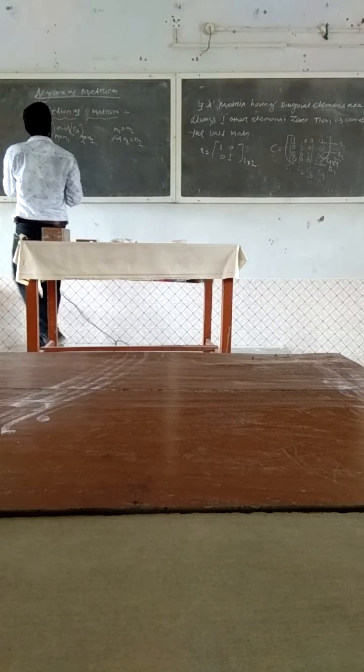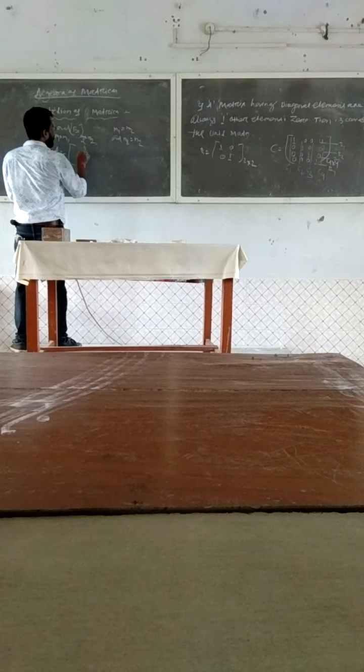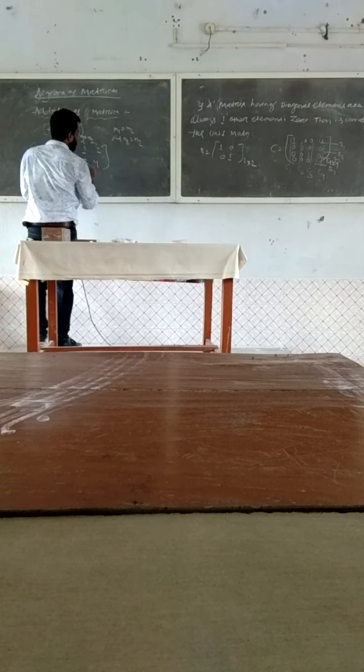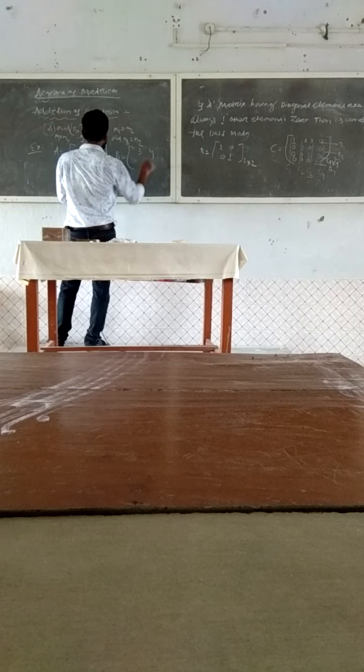As an example of addition of matrices, A matrix equals 1 2, 3 4 and B matrix is 3 4, 2 1.